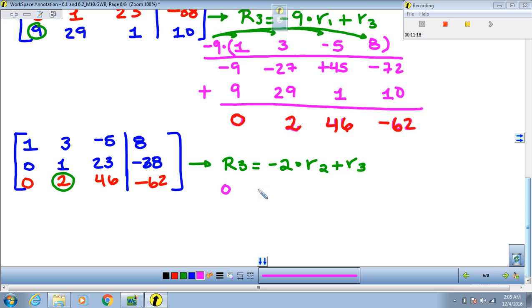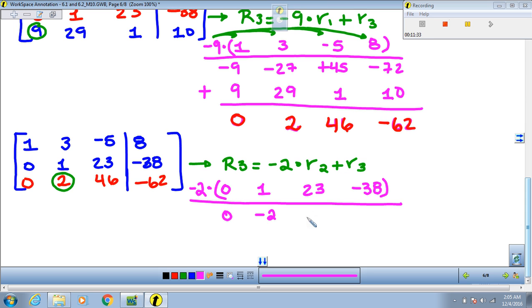So let me copy every number in row 2. We multiply this times negative 2. So I draw a line. Negative 2 times 0, 0. Negative 2 times 1, negative 2. Negative 2 times 23, negative 46.